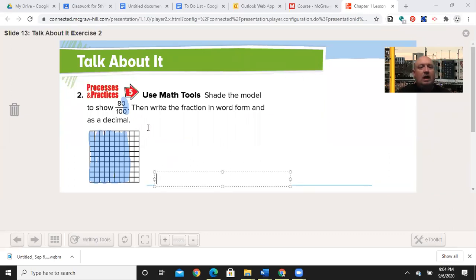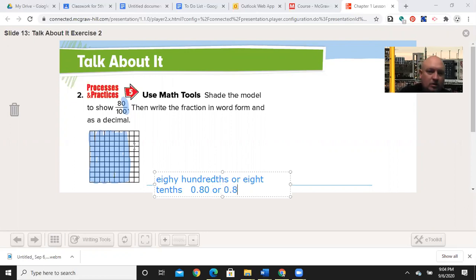Well, I could go either as 80 hundredths, take right what's there, or now that I've taken the 0 off of both by dividing top and bottom by 10, that would leave me with 8 tenths. So my 2 possible decimals, 0 because it's not a whole one, 0.80 or 0.8, depending on how I go.